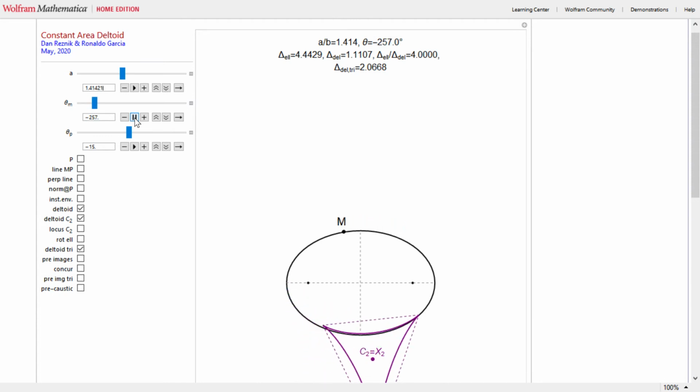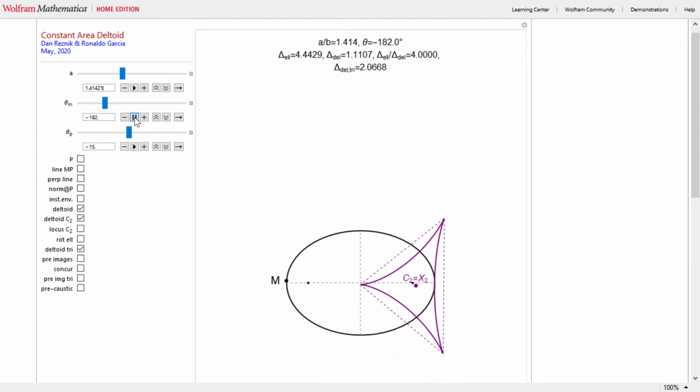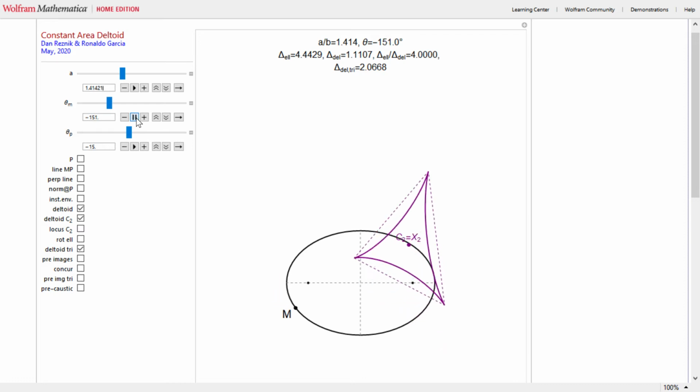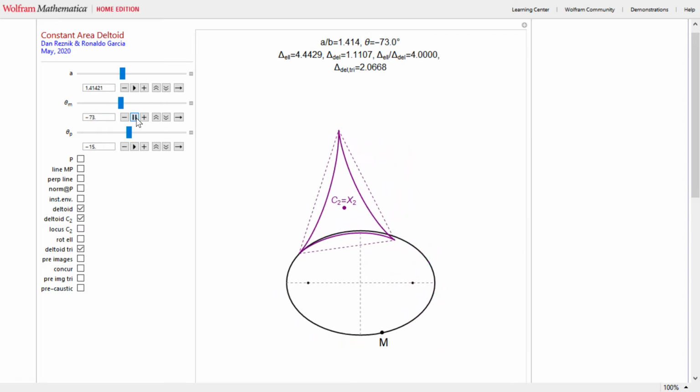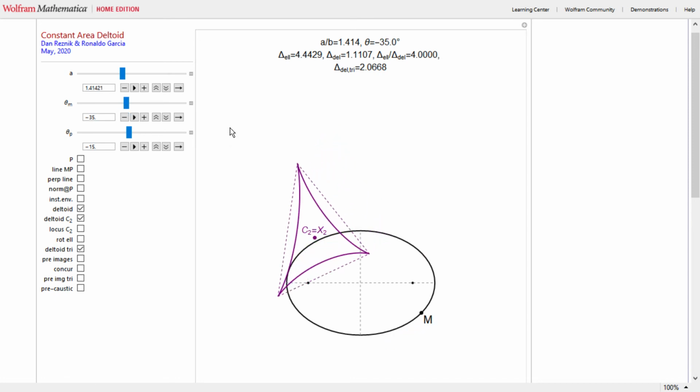You can see here that's going to happen when M crosses over to the other side. You're going to get the same phenomenon here. So I just exactly touch that point. And this only happens for A over B equals square root of 2. That's pretty nice. Okay, so there's a few more phenomena here that I want to cover.